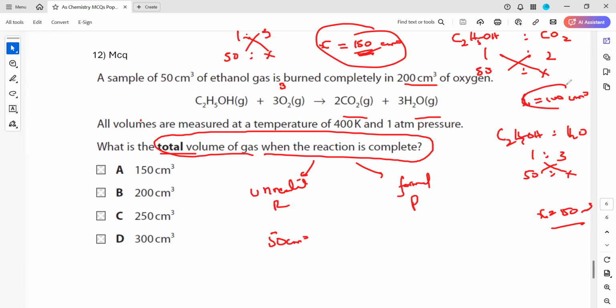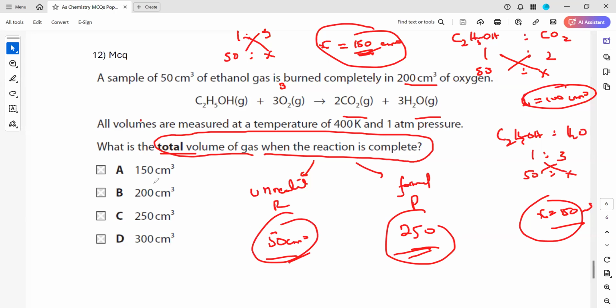So what is the total volume of the gaseous product? 100 plus 150 equals 250 cm³. And we have 250 cm³ of the formed product and 50 cm³ of the reactant, so we need the total volume here. How can we work it out? We just add them. That's why D will be the right answer.